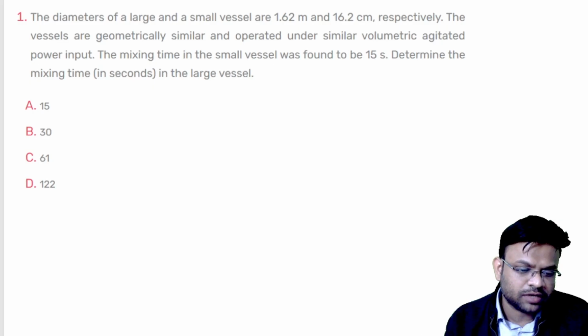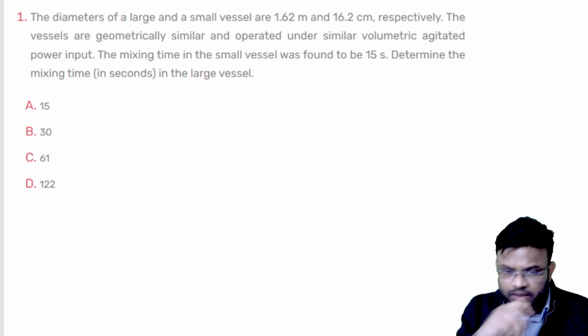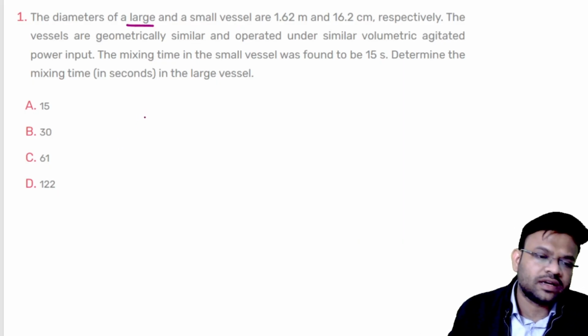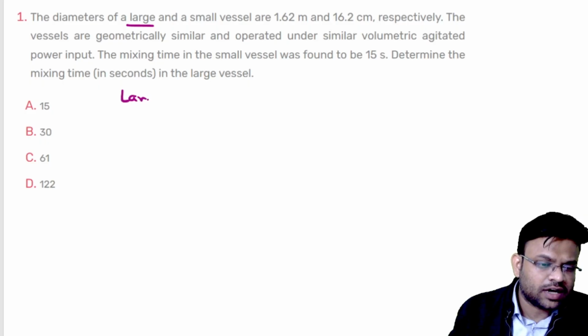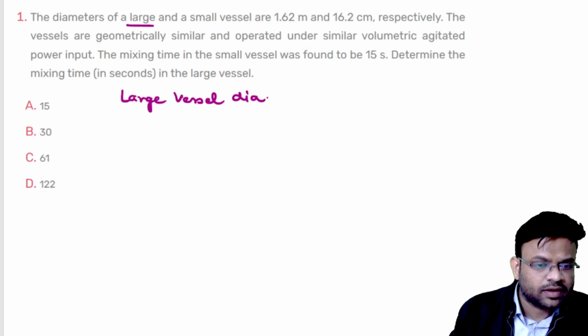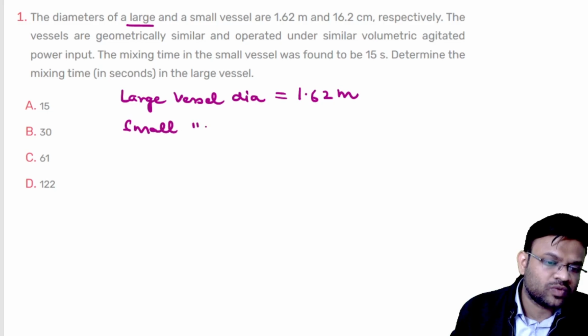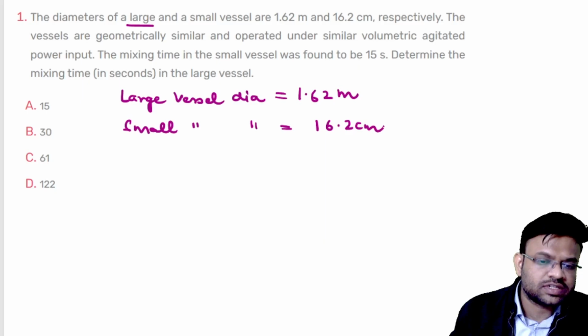Now let me just quickly tell you this. The diameter of a large and a small vessel. So large vessel dia has been given to us, and it is 1.62 meters, and then the small vessel dia is equal to 16.2 centimeters.